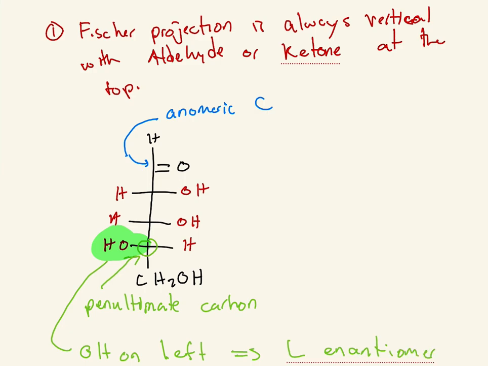So if we were to fully classify this carbohydrate, how would we classify it? First, we would put that it is L. And then how would you classify the rest of this carbohydrate based off the other rules and prefixes we just said? We put aldo, right, because there is an aldehyde functional group.